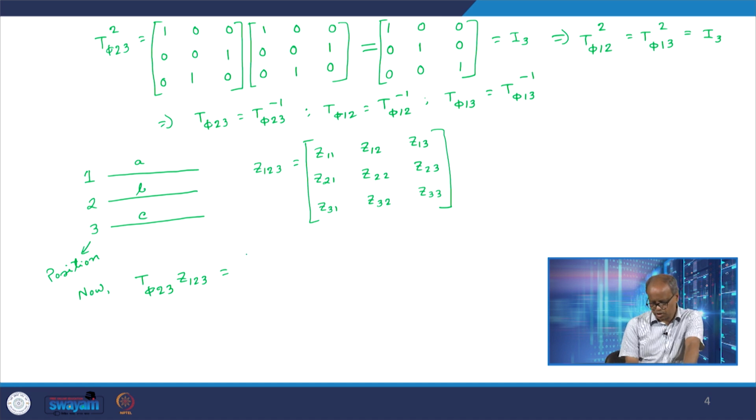It becomes 1 0 0, 0 0 1, 0 1 0, times the Z matrix.